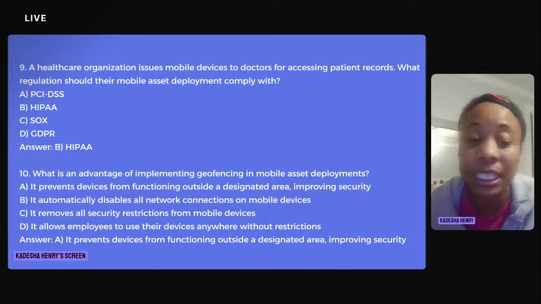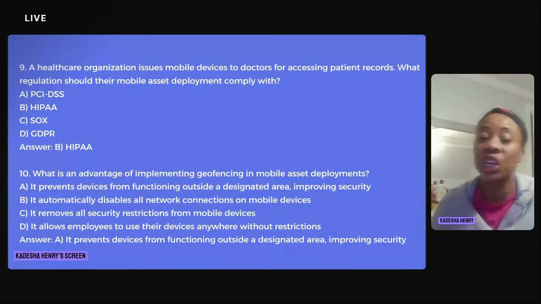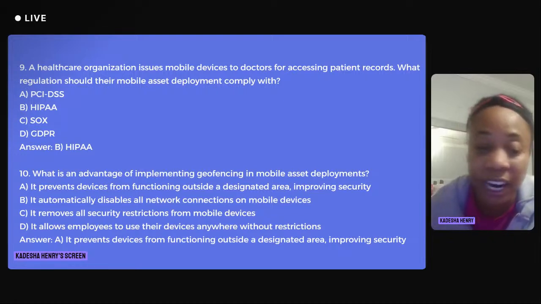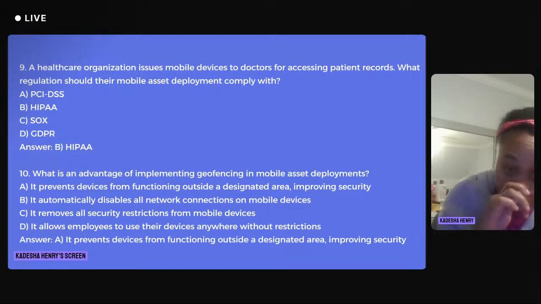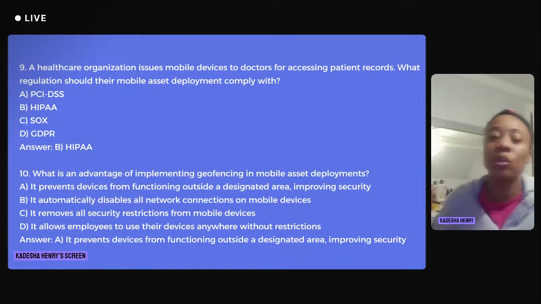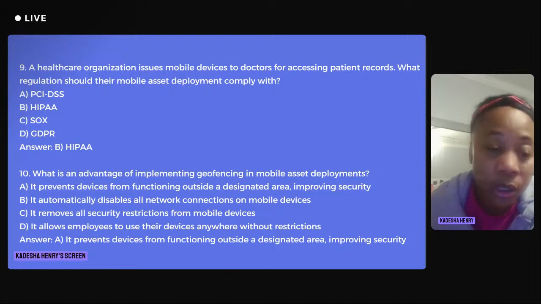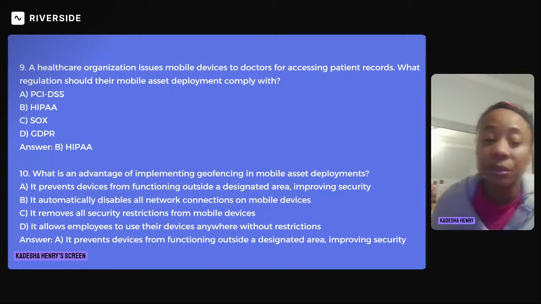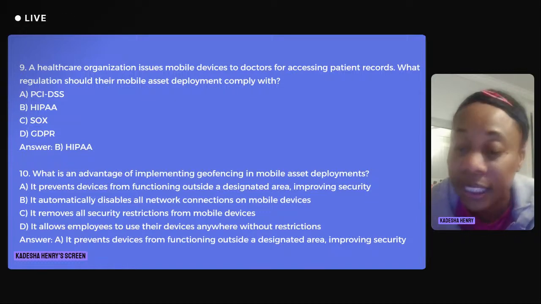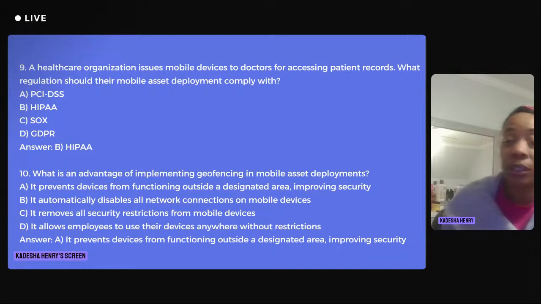B, it automatically disables all network connections on a mobile device. C, it removes all security restrictions from the mobile device. D, it allows employees to use their devices anywhere without restriction. And we can't do that. So one of the things it does, it prevents the device from functioning outside the designated area, and it improves security.